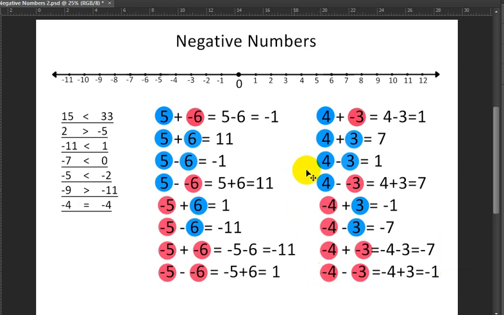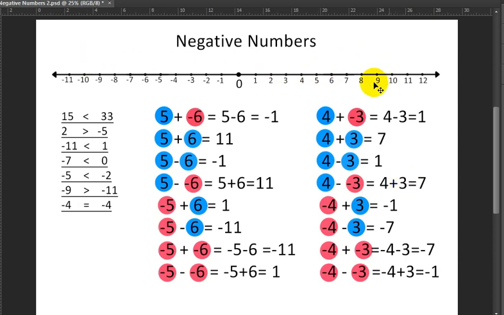So now you can see all the answers. Again, look closely. I said it in the beginning as well, and I'm going to say it again. Where am I rewriting the additions and the subtractions? When the second number is negative, that's where you need to rewrite it. Whenever the second number is negative, that's when I rewrite it to make it simple.